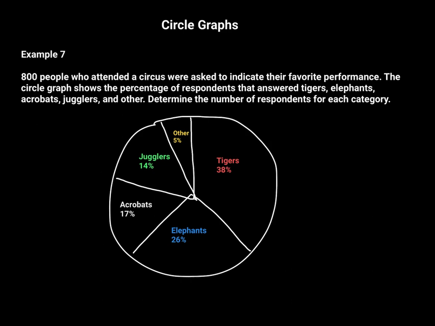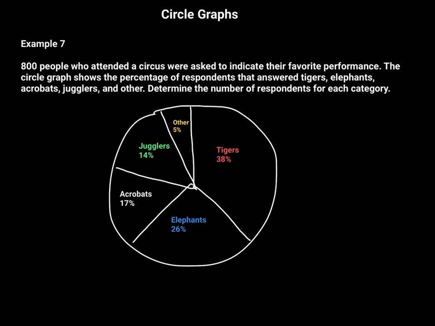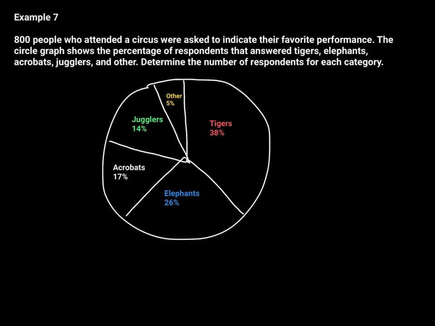Okay. So to determine the number of respondents for each category, let's start with the tigers. So we know that 38% of the 800 people like the tigers, right? That was their favorite. And so we're going to do for the tigers, 38% of 800.